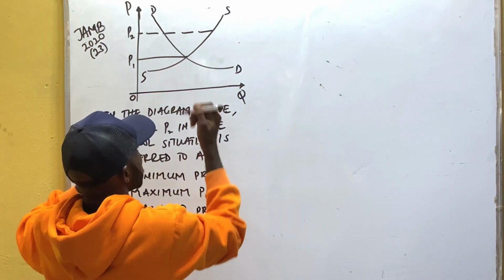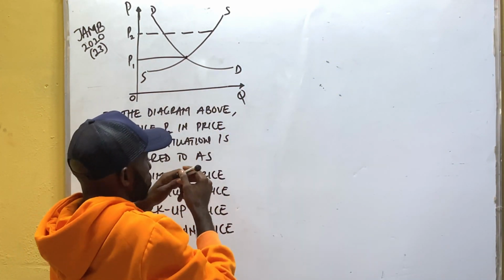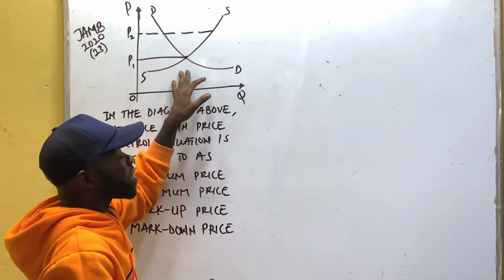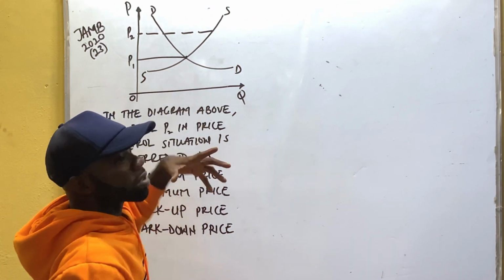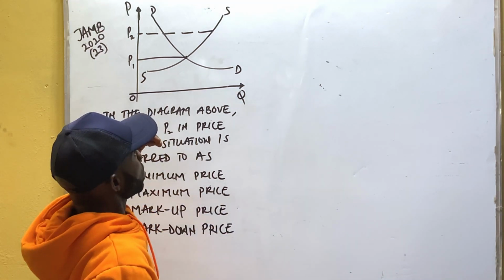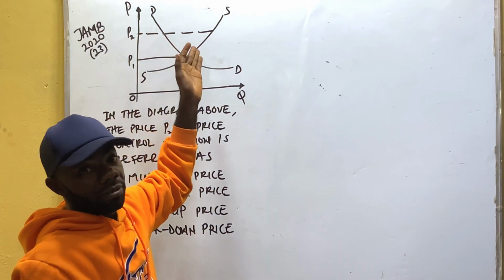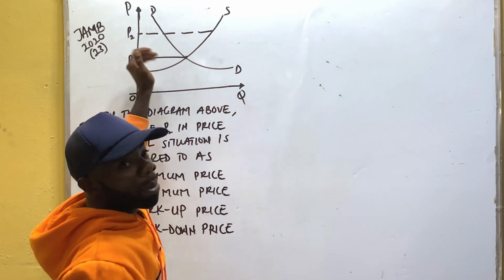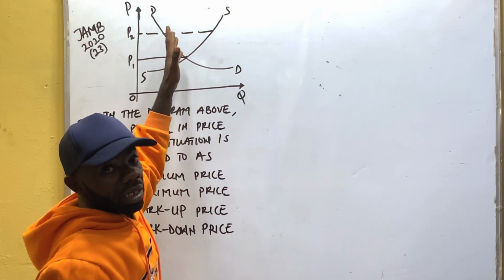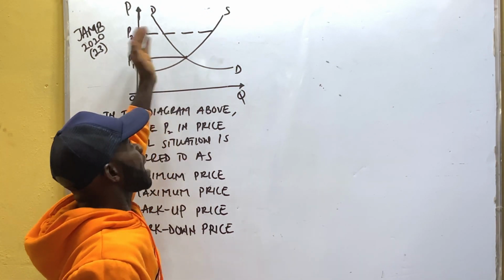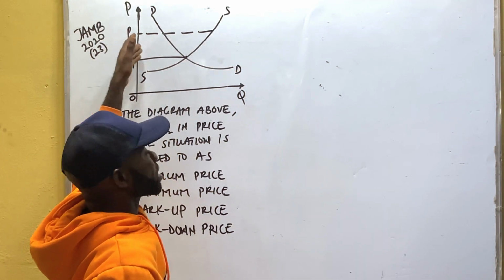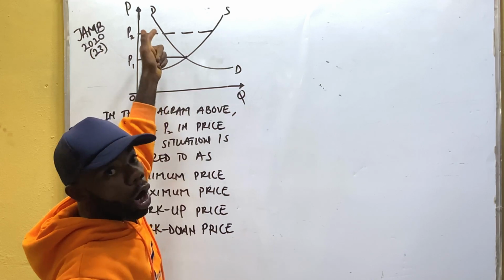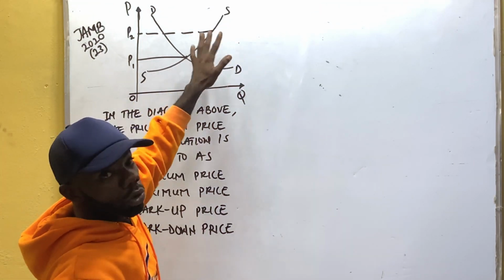The price P1 is the equilibrium price, which is a price that is determined by what? The forces of demand and supply. And then the government comes in to say, let's have a price legislation. When the government fixes the price above the equilibrium price, it is to protect either the consumer or the producer. But in this case, you can see that a high price will always protect the producers.